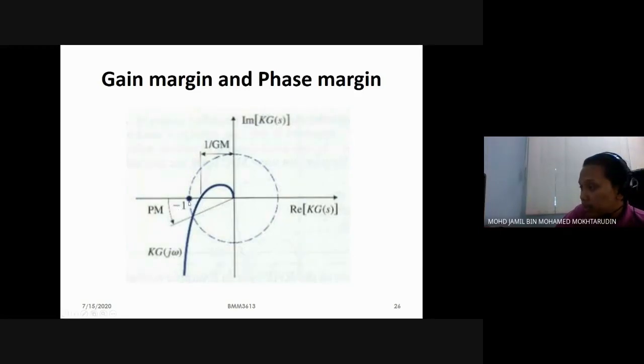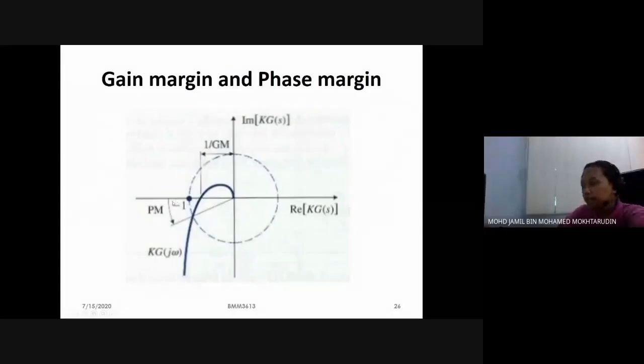If your Nyquist plot crosses the real axis at less than -1, like this thick blue line, meaning your system is stable. If your Nyquist plot intersects at more than -1, then your system is unstable.